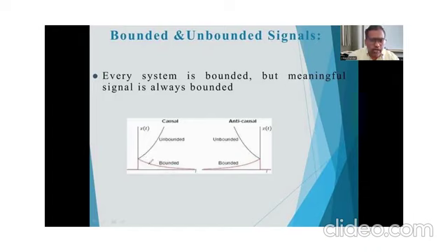This is the bounded signal, which reaches a zero value as the time is increasing. That is a bounded signal. Now, if the time is increasing and the signal is reaching an infinite value, this is unbounded.